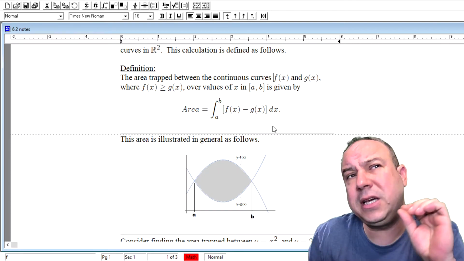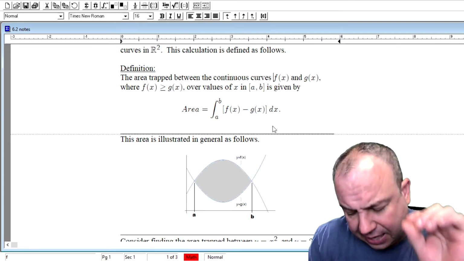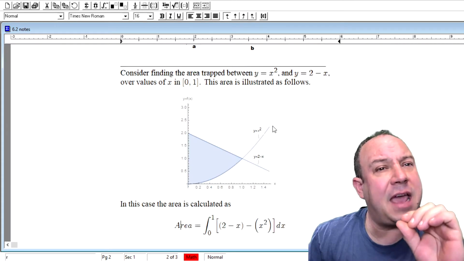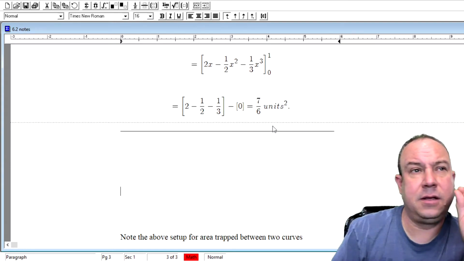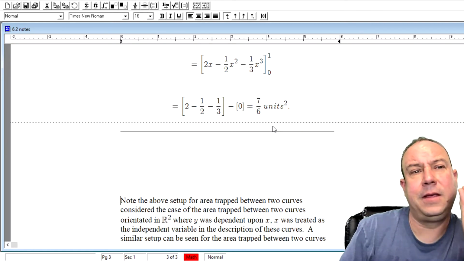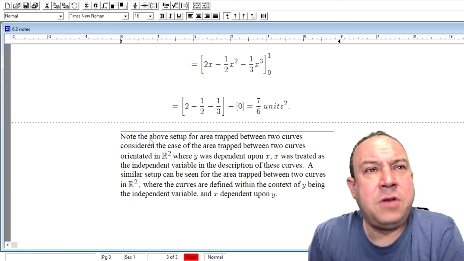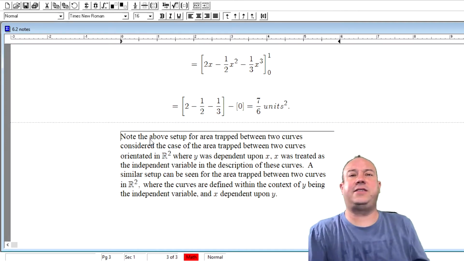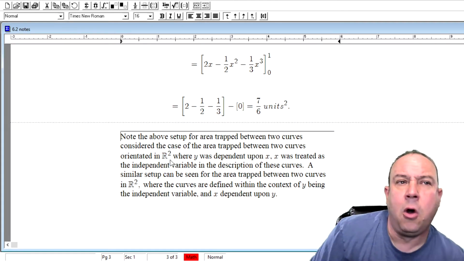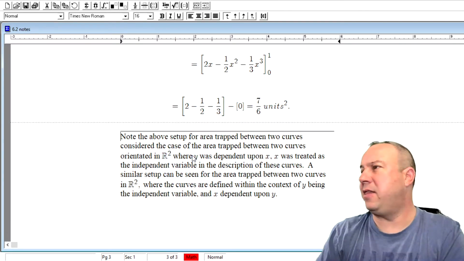And if we were to consider swapping our dependencies, this calculation for area between the two curves could also be considered in a slightly different context. And that is the second context we see here, distinguished in this set of notes. Note, the above setup for area trapped between two curves considered the case of the area trapped between two curves oriented in R2 where y was dependent upon the value of x.